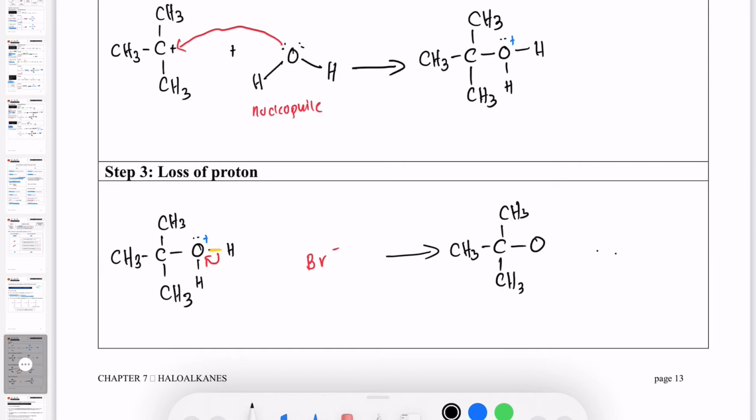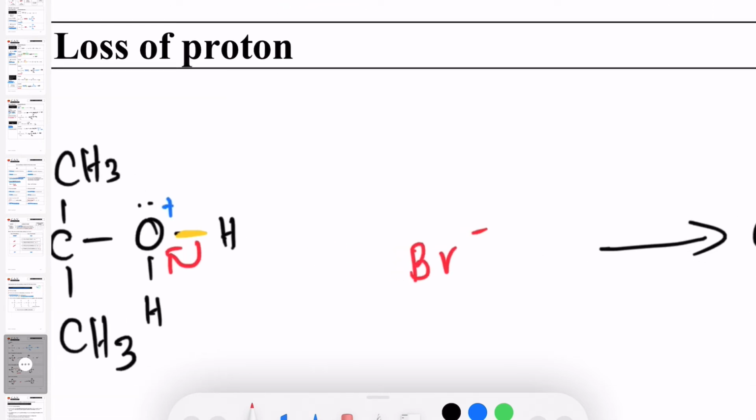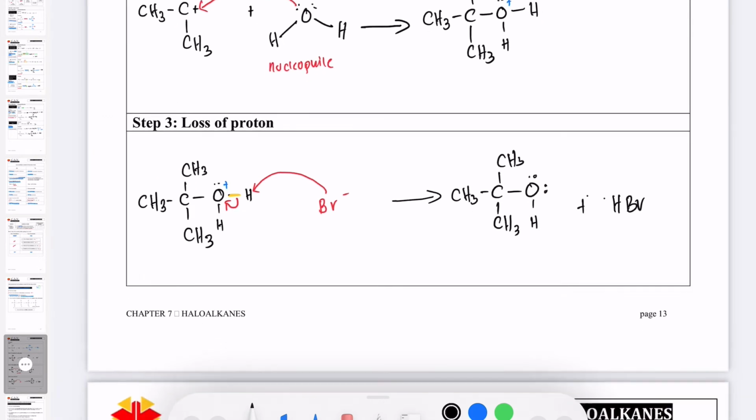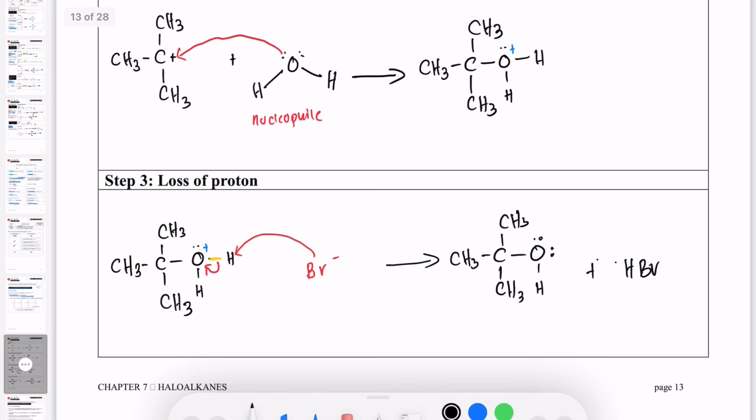Tadi bond yang putus tu dia akan bagi semula kepada O dan H di bawah, dah jadi OH. H ini tadi dah jadi H+. So Br akan serang H ini untuk hasilkan HBr.